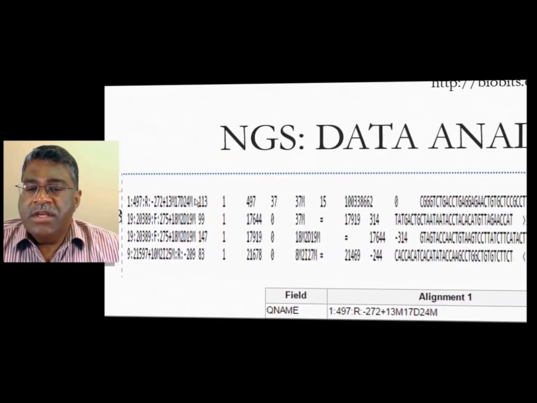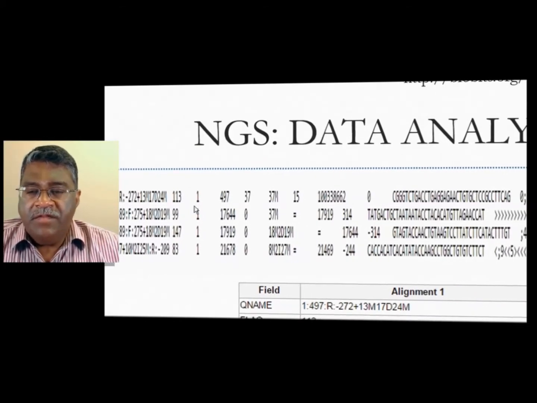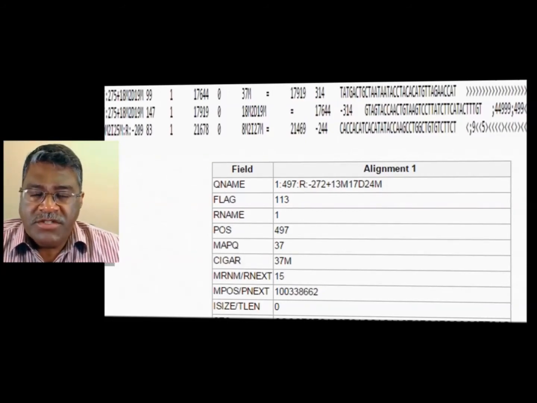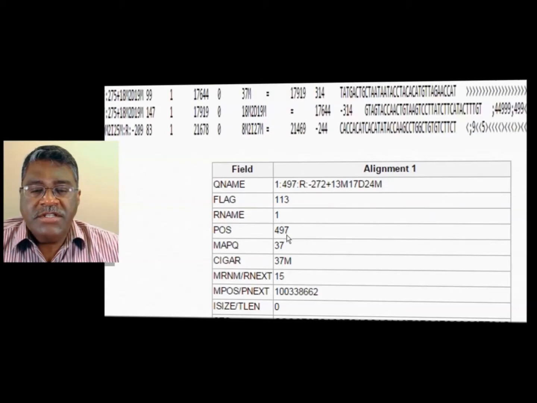The second one is what is called the flag, and the flag has to do with particular codes, and they have to do with whether the reverse sequence is aligned with the reference, whether the forward sequence is aligned with the sequence, etc. Again, this particular tool will give more information about this. The position is the starting position of the read with respect to the reference sequence.